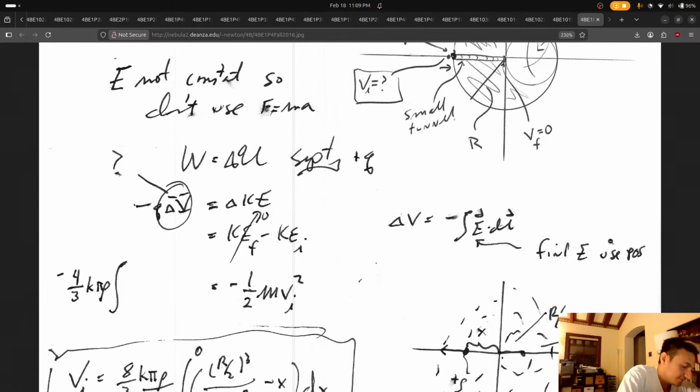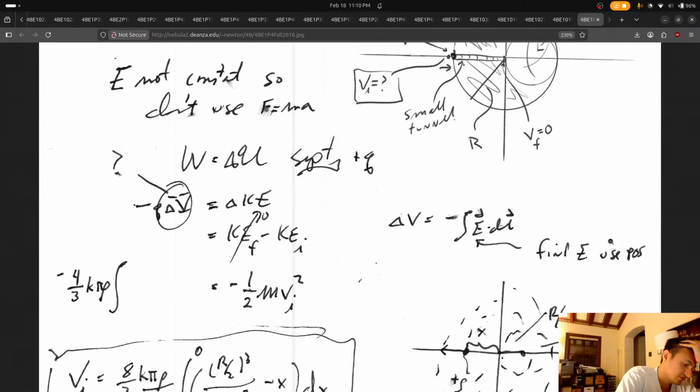Right, so this is going to be, for E of x less than 0, this one is going to be the electric field is equal to KQ.